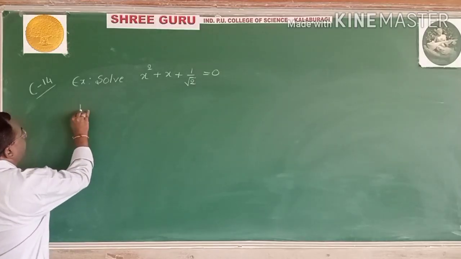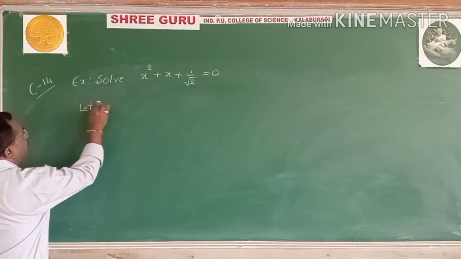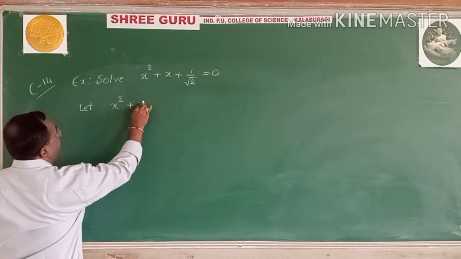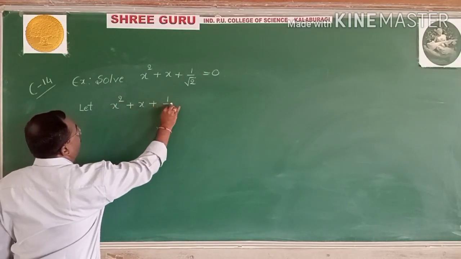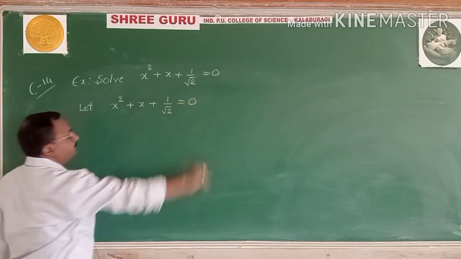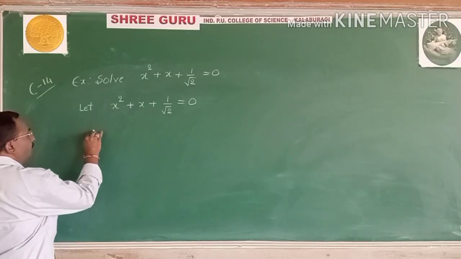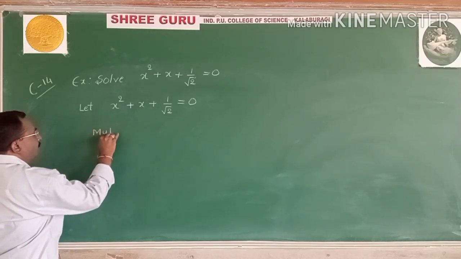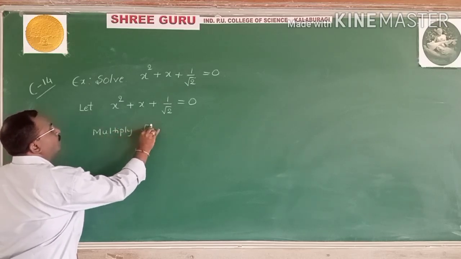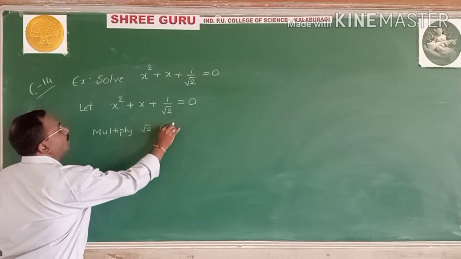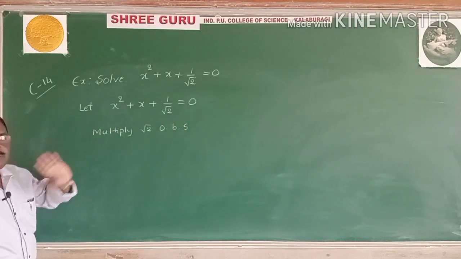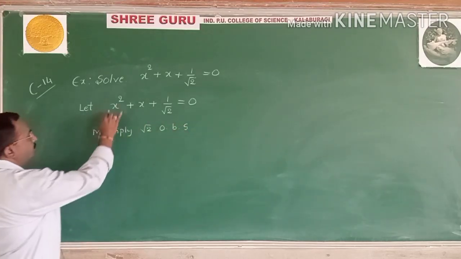Let x square plus x plus 1 by root 2 is equal to 0. Multiply root 2 on both sides.